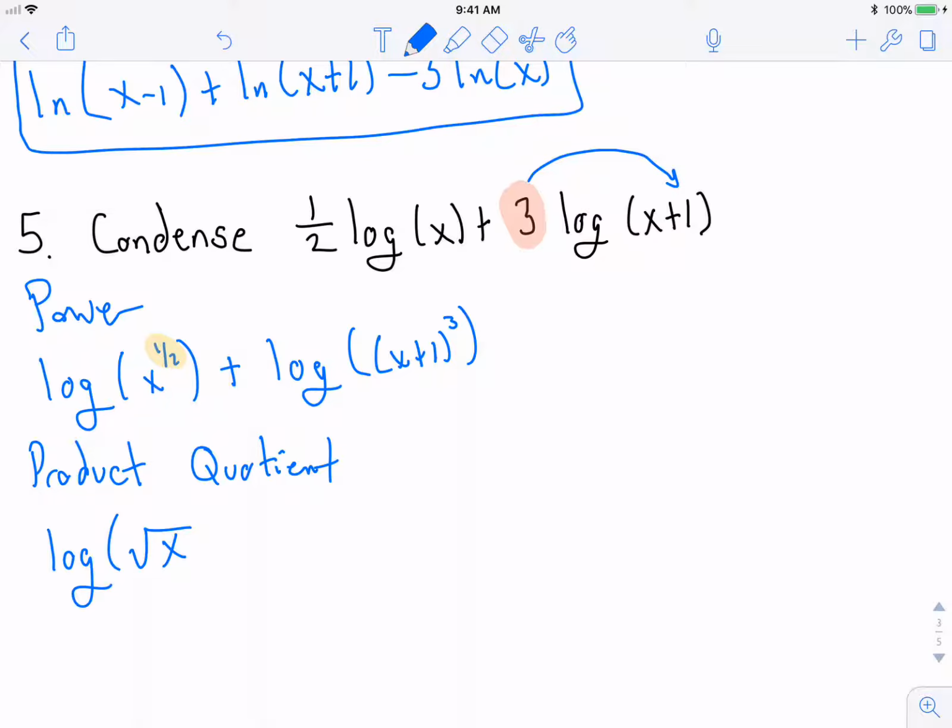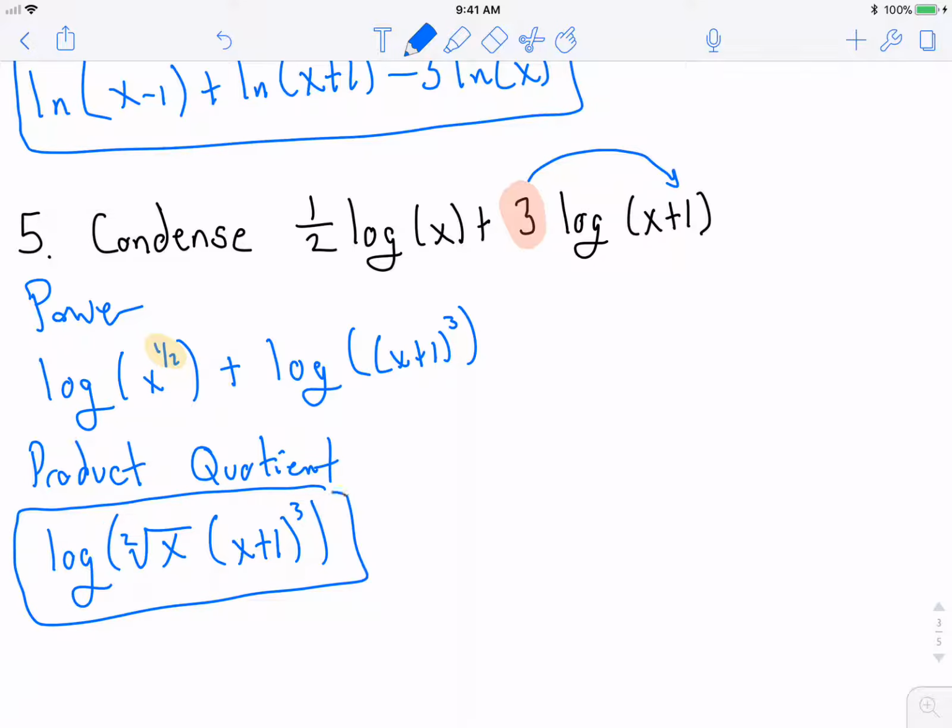So let's be very specific here and write maybe a 2 to remind ourselves that this is a square root, times x plus 1 cubed, all inside one log. And we've done it. We've condensed this all down, and we have a better understanding of what the inside should look like.